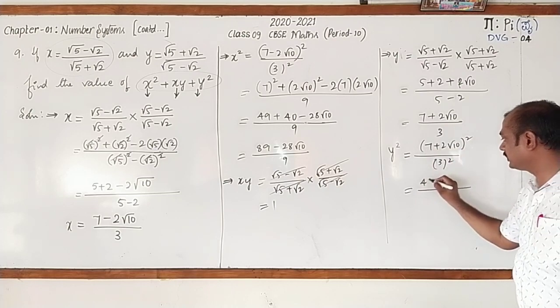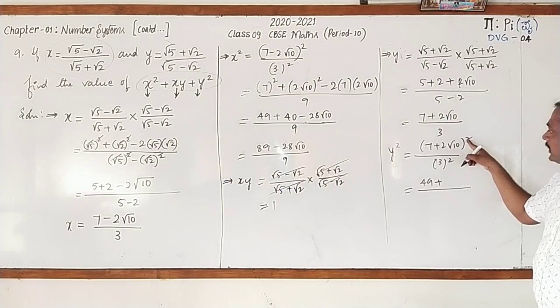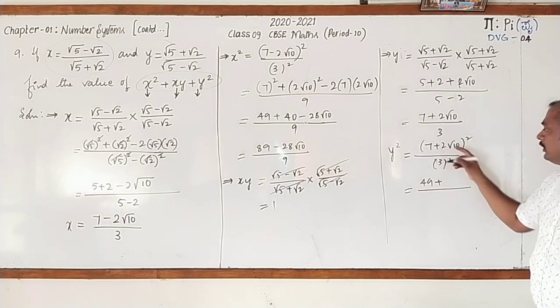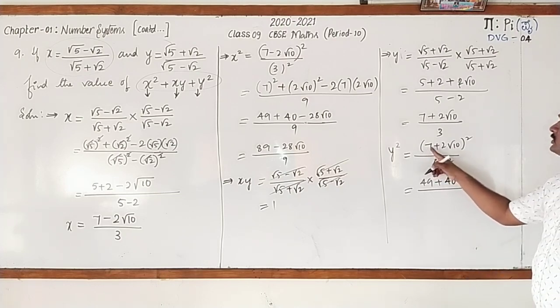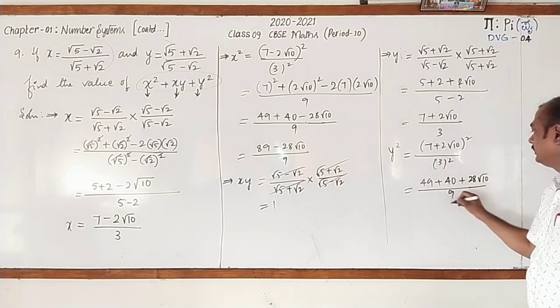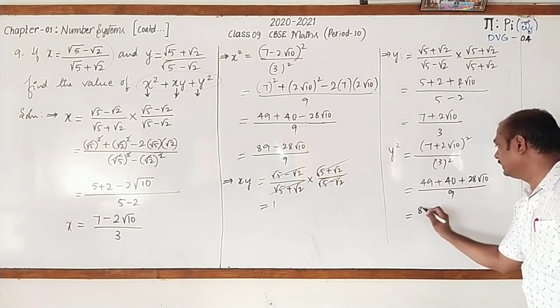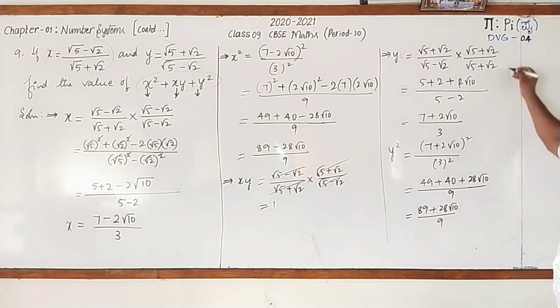A square 49, b square, I am writing directly, apply square to both, 2 square is 4, root 10 whole square is 10, 10 fours are 40, plus 2ab, 2 into 7 into 2, 2 sevens are 14, 14 twos are 28, 28 root 10, divided by 9. It is also 89 plus 28 root 10 by 9.